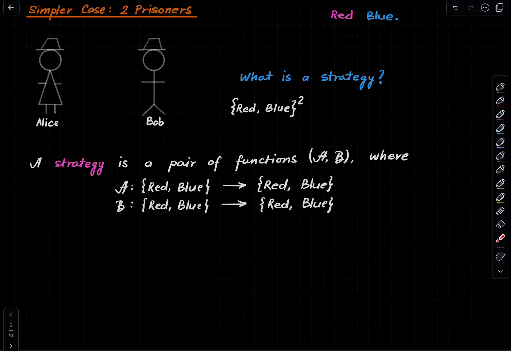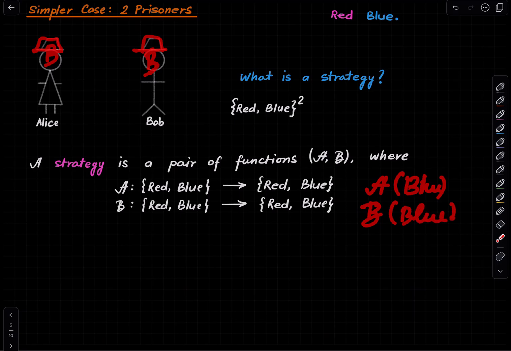So once you've chosen this function, now the warden comes, puts some hats here. Let's say he puts blue here and blue here, and both hats feature blue. Then Alice's response is A of blue, and Bob's response is B of blue.